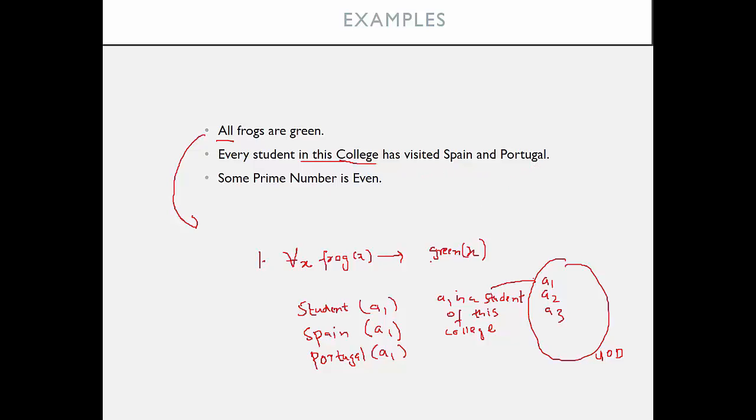How would we represent this? A1 is a student of this college, then it's for sure that it has visited Spain and Portugal.